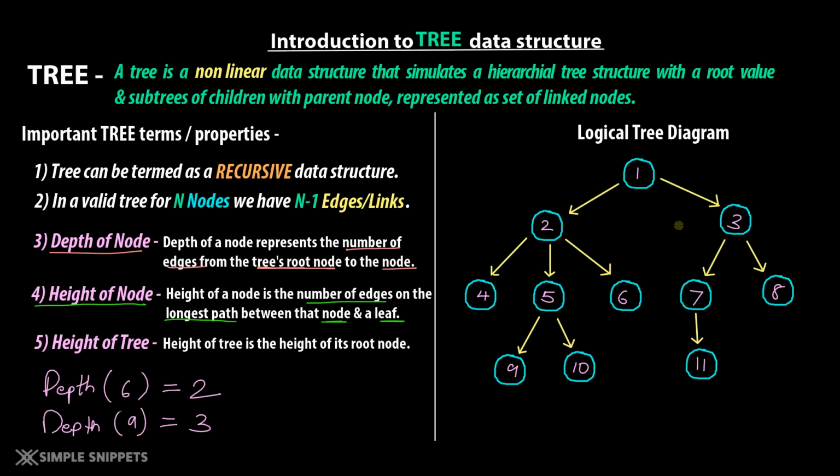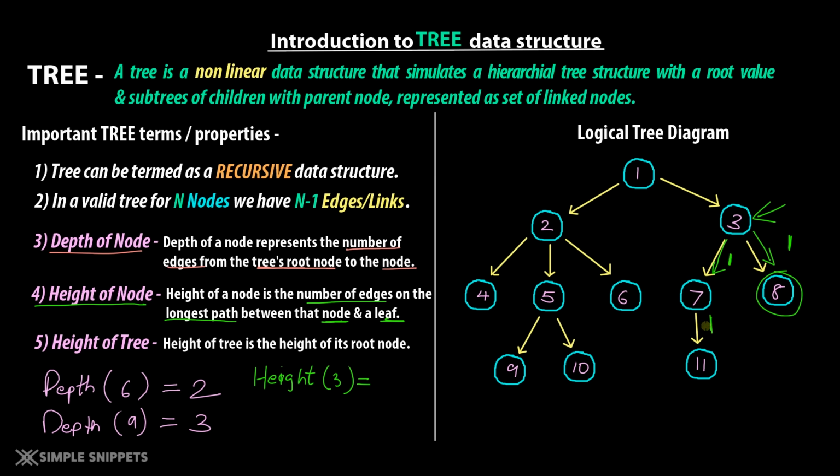Let's calculate the height of node 3. So let me write over here. Height of node 3 is equal to the number of edges on the longest path between that node and a leaf. So for node 3, if you go from 3 to 8, this 8 is also a leaf. We have one edge. But for 3, we can go in this direction also. We will go from 3 to 7, which is one edge.